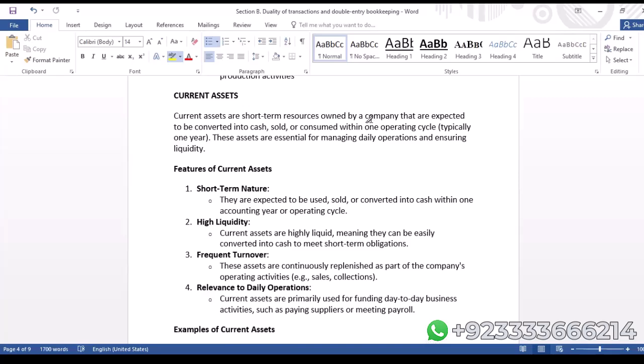Current assets are basically the assets that are short term in nature, which means that they will be consumed, used, utilized within 1 year or within one operating cycle.